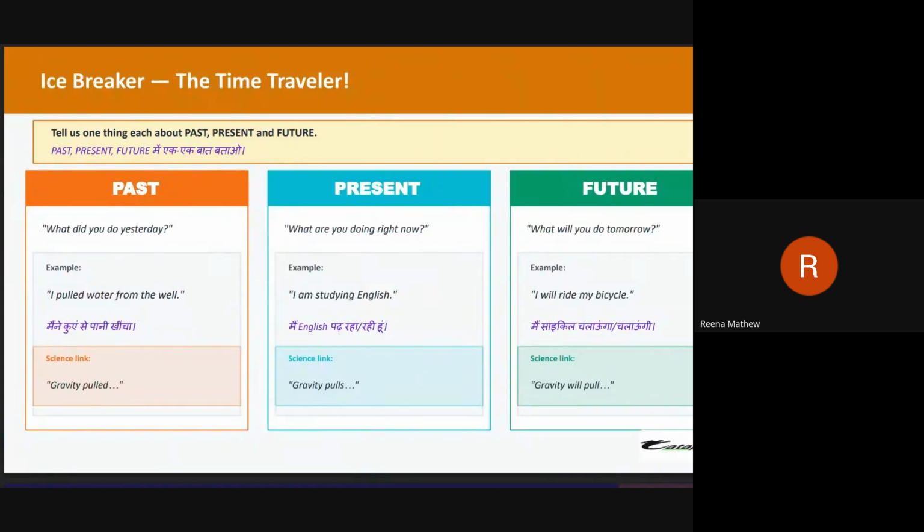What did you do yesterday? So in the example, we see, I pulled water from the well. Or here, Harshvardhan has said, I ate dal and rice yesterday. So you see, the verb is eat and it got converted into the past tense because it is something that happened in the past, right? I played football yesterday. Very good.